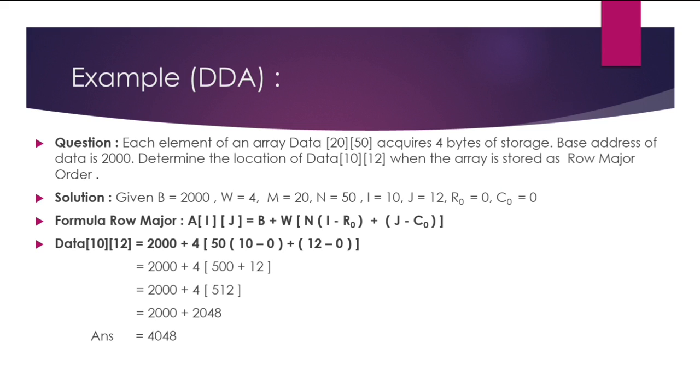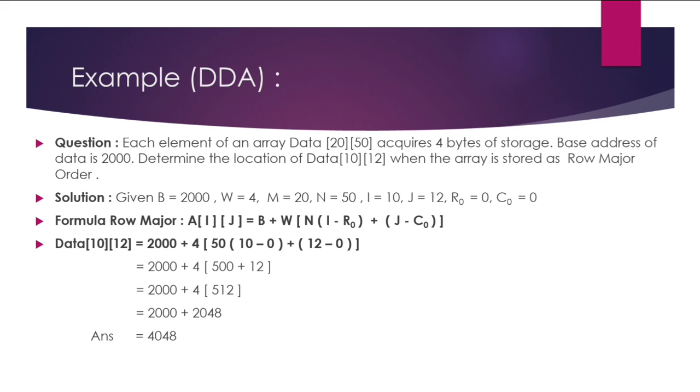Then we have the row-wise order formula where N is equal to 50.